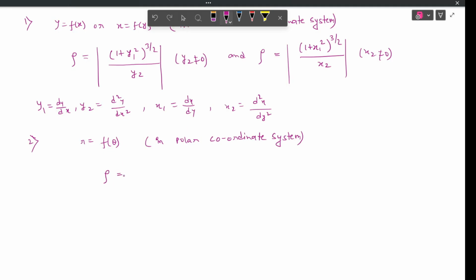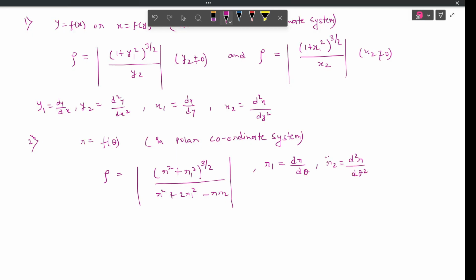Then our radius of curvature would be the modulus of (r square plus r1 square) to the power 3 by 2 by (r square plus 2r1 square minus r2). This would be the formula, where r1 is dr by d theta and r2 is d2r by d theta square.